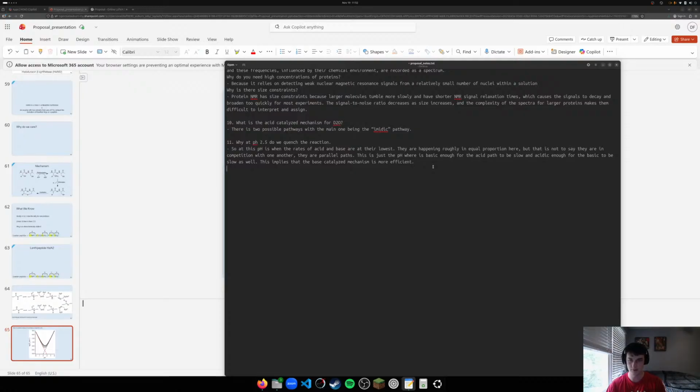So that's another question: why is the base catalyzed mechanism more efficient? I think it probably has something to do with the pKa. No. I don't know, honestly.